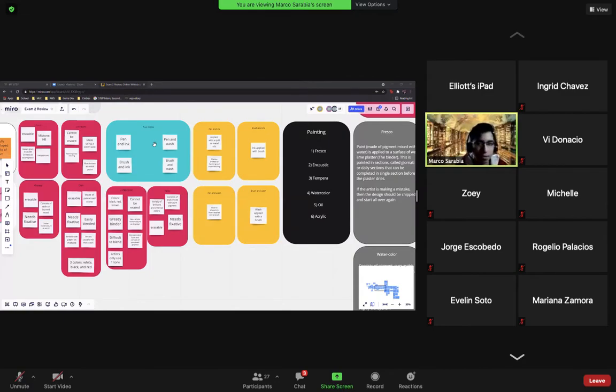Now, what's going to be applied is either ink, just like the ink your pen uses, or wash. Wash is a mixture of ink and water, so basically watered down ink.